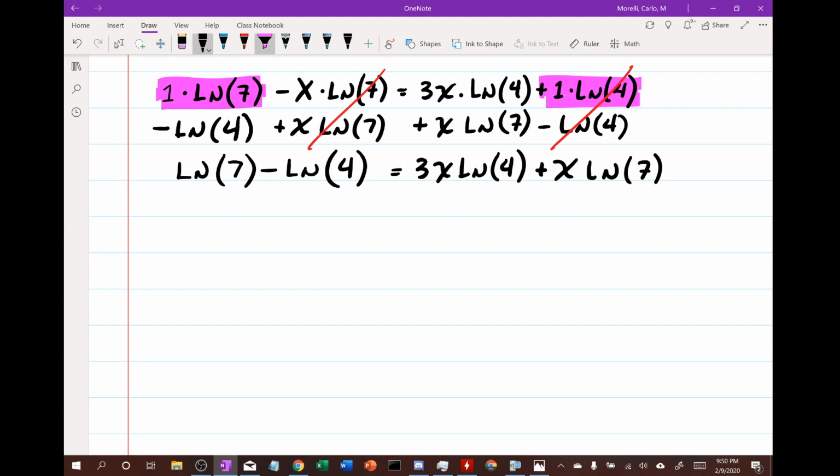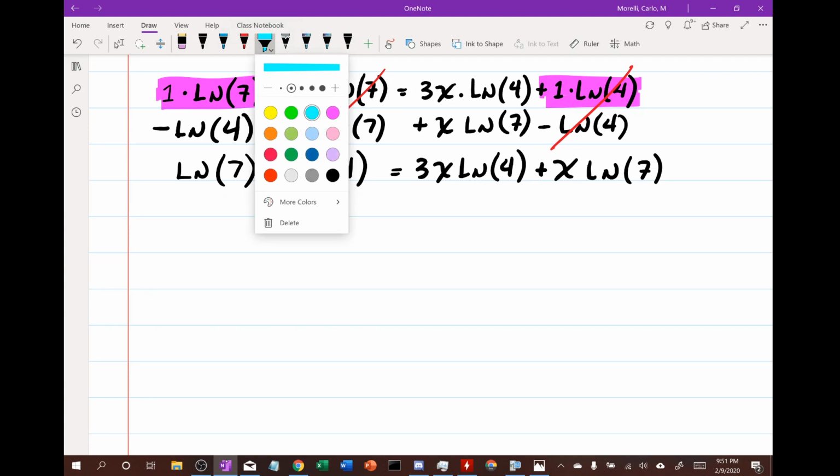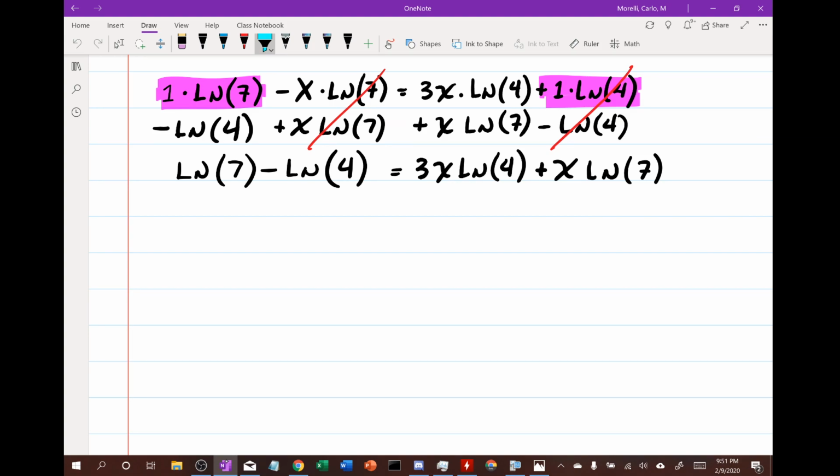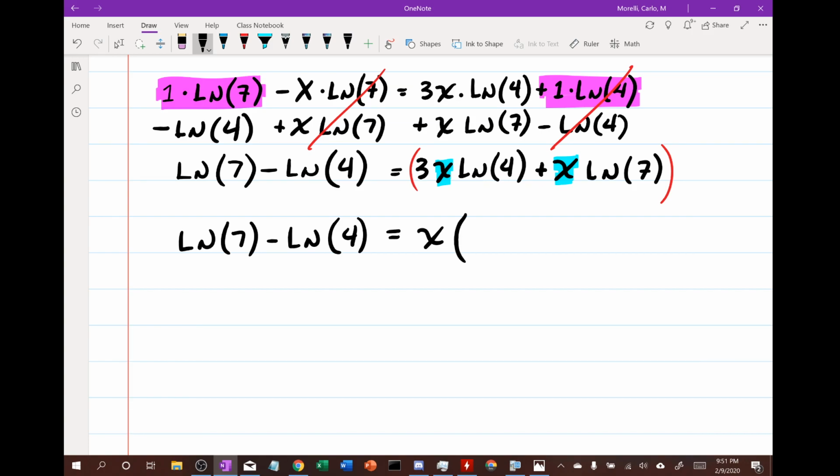And now what they want us to do is they want us to factor out the x from this expression on the right. Okay, so we have ln of 7 minus ln of 4 equals x, open parentheses, 3 ln of 4 plus ln of 7. Got it.